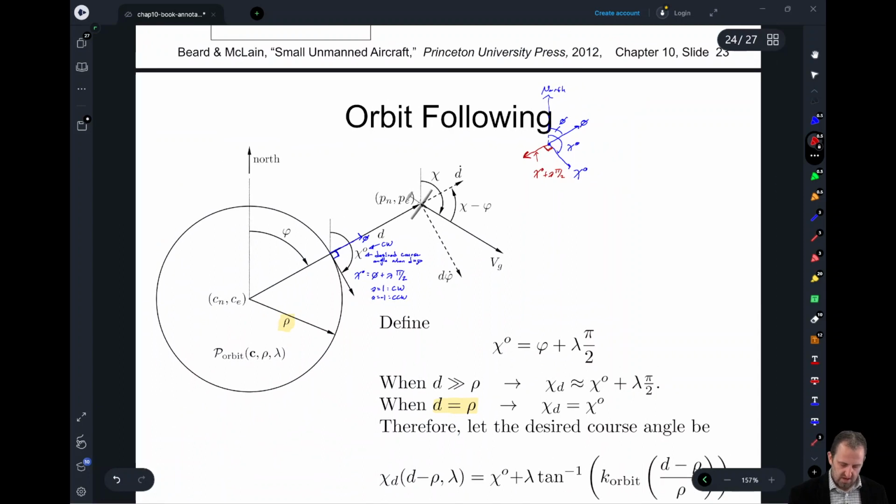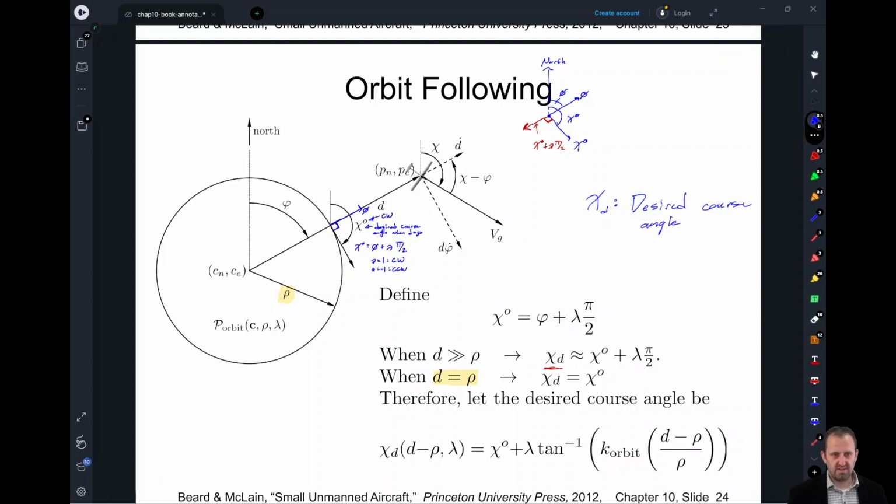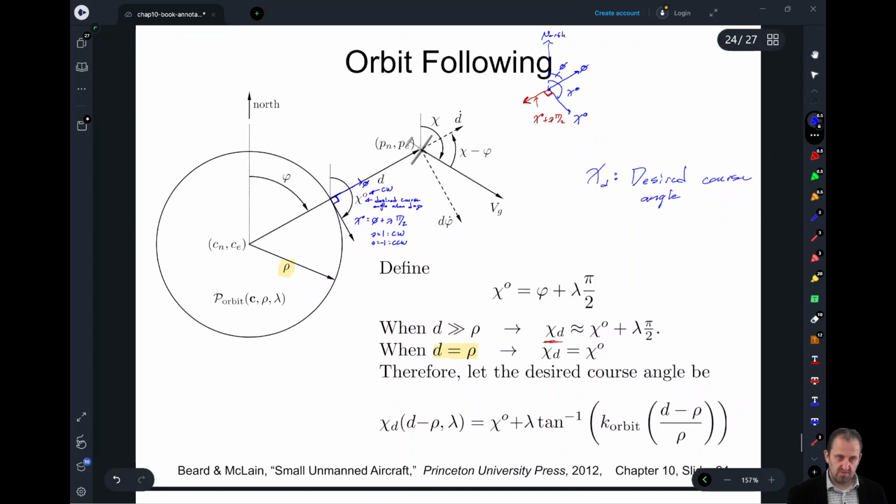In this case, this is slightly different from the line following. We're going to let chi sub d be our desired course angle, where with a line we said that it was our deviation in the course angle. So, slight abuse of notation there.